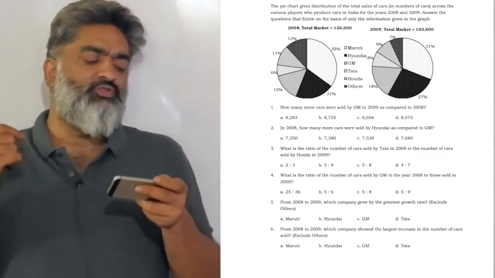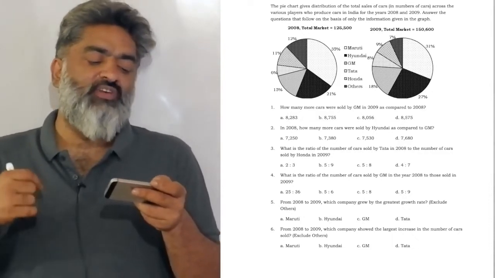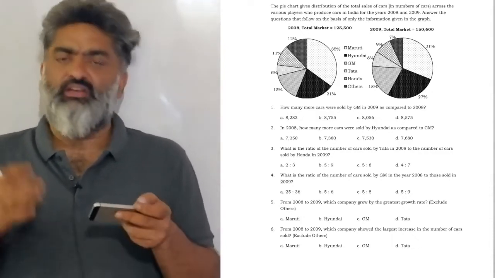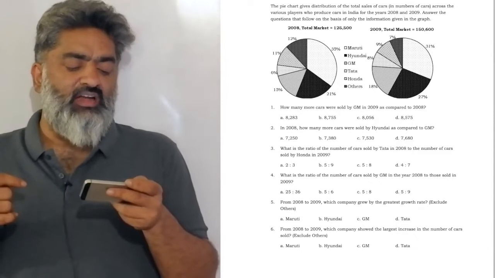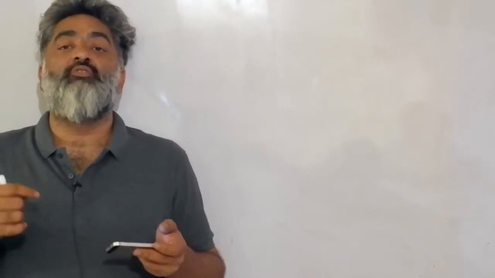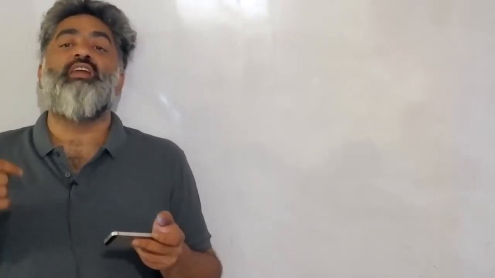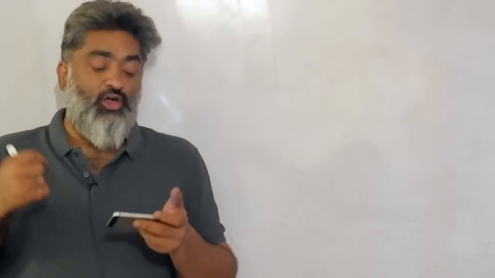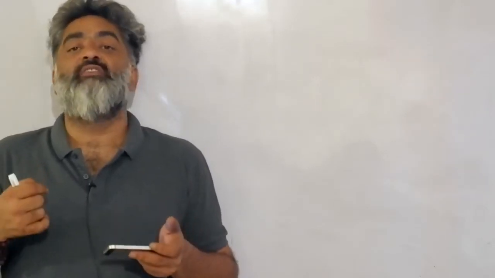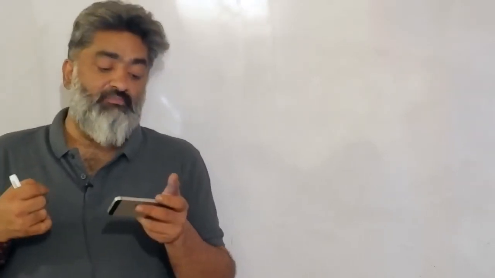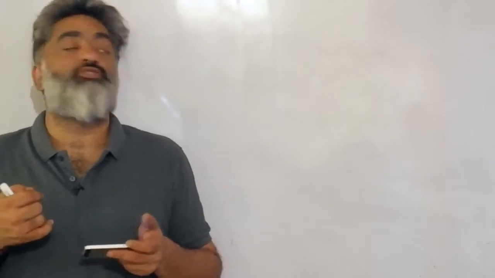So I look at it, in 2008 the total market is 1,25,500, easy enough data. And for example, I look at the graph, it says Maruti is 33% of the market. What does it mean? A total of 1,25,500 cars were sold, and Maruti is 33% of that.